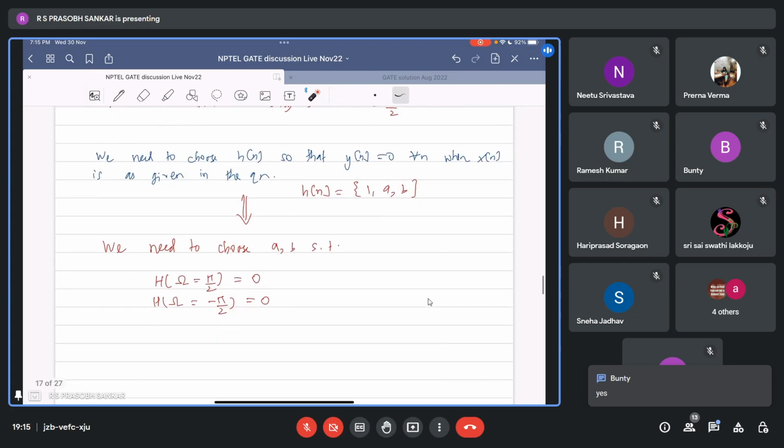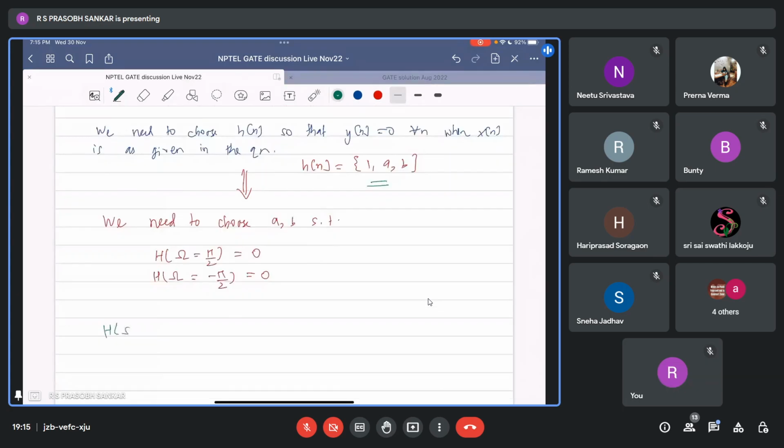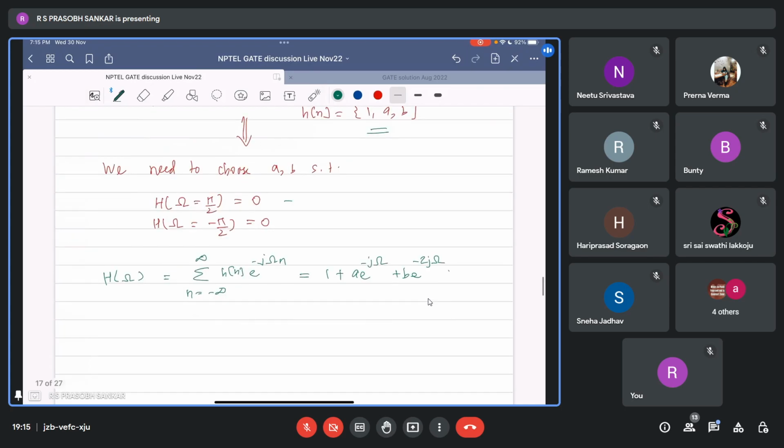Okay, thanks. So what do we have? We have h of n to be 1, a and b. That means H of omega will be the summation over n equal to minus infinity to infinity of h of n e raised to minus j omega n. This is given by 1 plus a e raised to minus j omega plus b e raised to minus 2j omega. We need to have these two things satisfied.